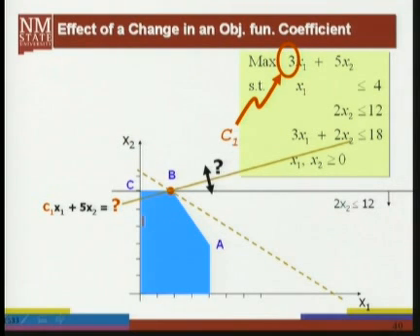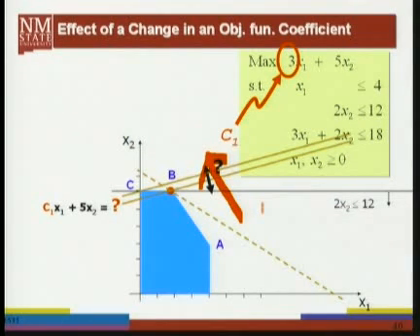And because the current objective function value z will be increased if we move in the northwest direction, which is this direction, we construct another isovalue line, right?